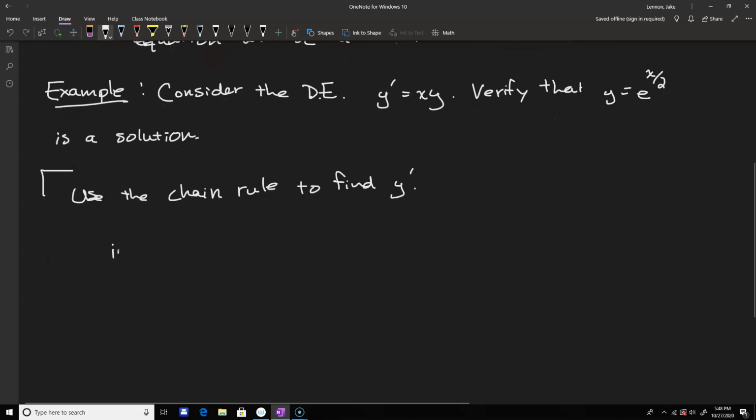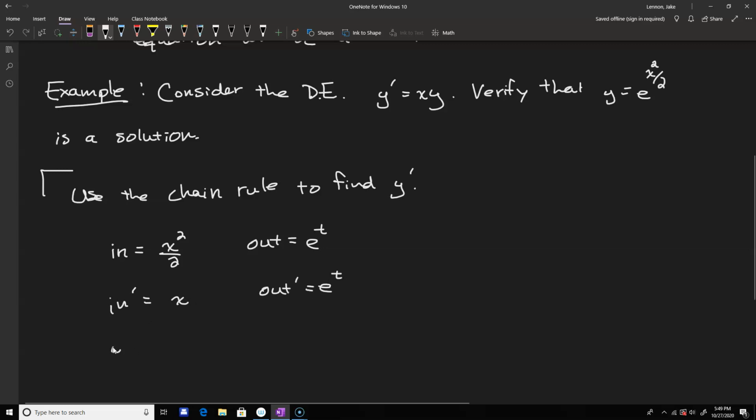So the function that's the solution is e to the x squared over 2. So the inside is going to be that exponent, x squared over 2. And the outer function would be e to the t. So then the derivative of the inside would in fact be x and the derivative of the outside would be e to the t again.